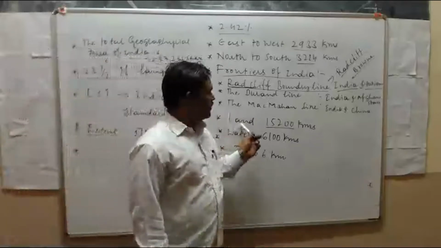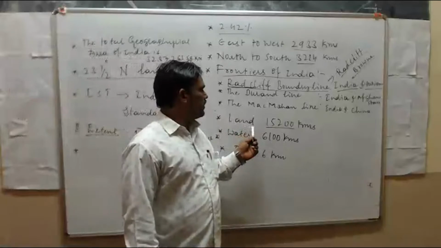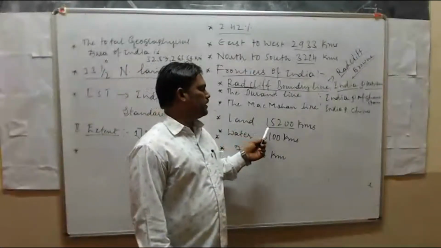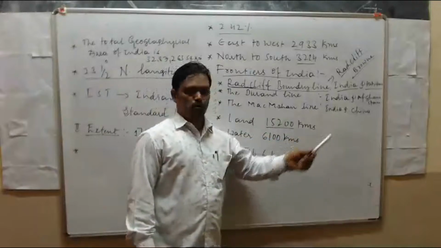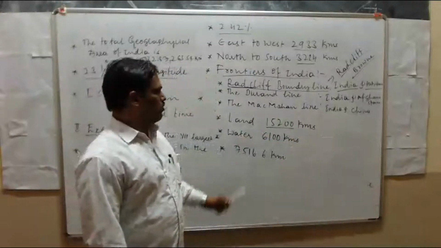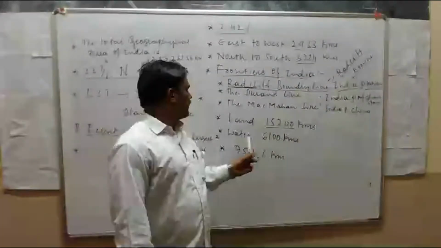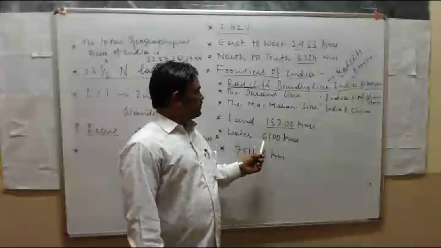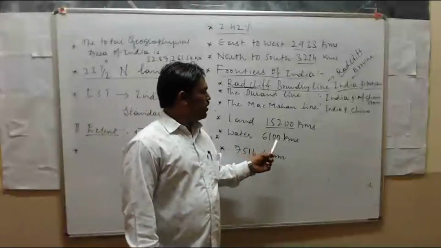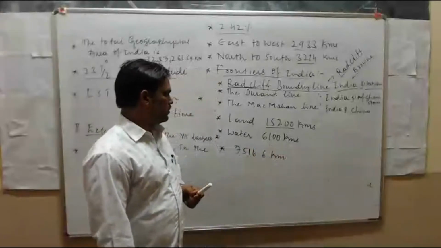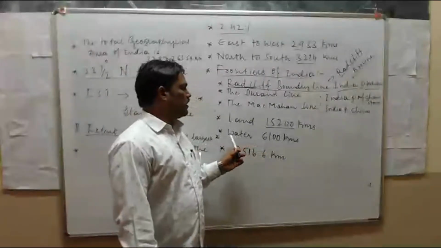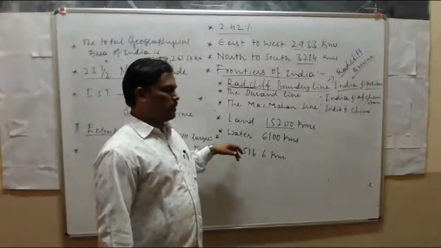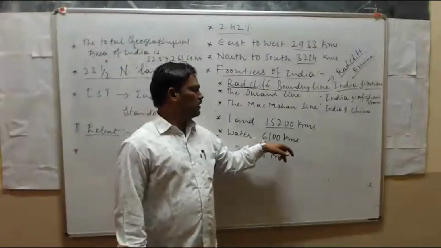The total length of land frontier of India is 15,200 kilometers. Only land frontier. Next, water frontier is 6,100 kilometers.